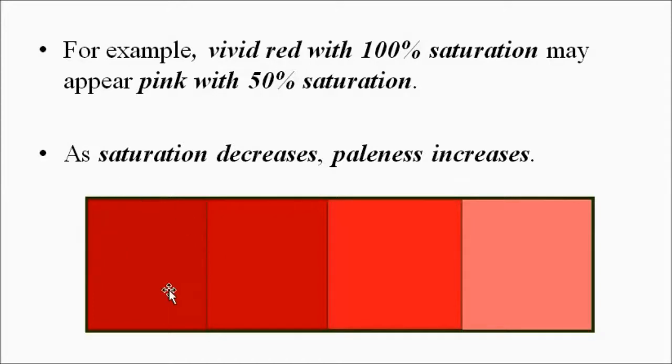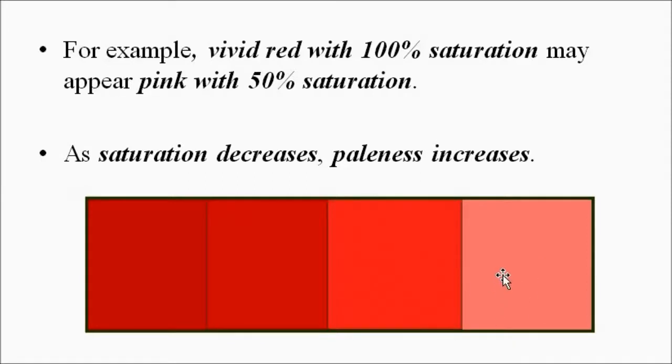See, this extreme left is vivid red, no presence of white at all. But as we move towards the right, the concentration of white in the color keeps on increasing, which dilutes and fades the color, and when it increases to, let's say, 50% saturation, the same vivid red appears as pink.